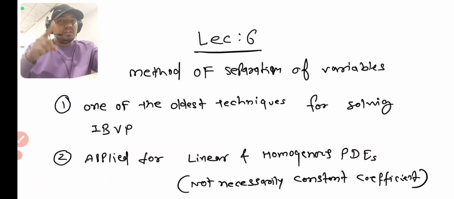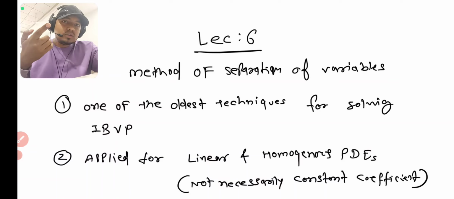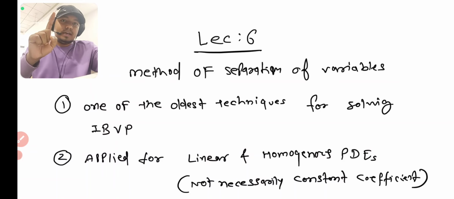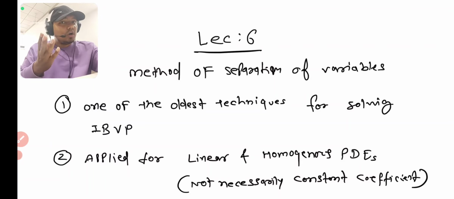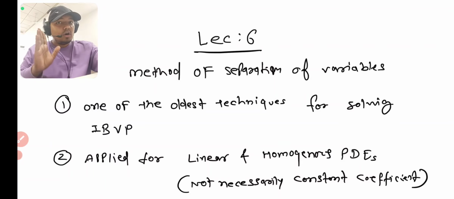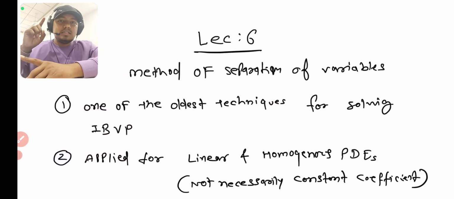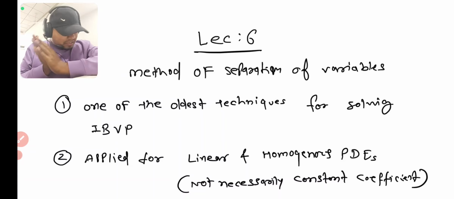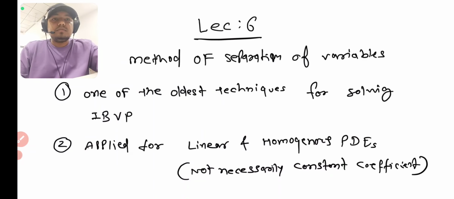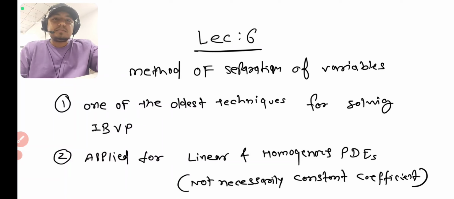In GATE exam, the question can be framed on u also, or on z also. It's like dou u by dou x, or dou z by dou x, dou u by dou y, or dou z by dou y. It means they can consider u also as a dependent variable depending on x and y. So let's go into this method of separation of variables.